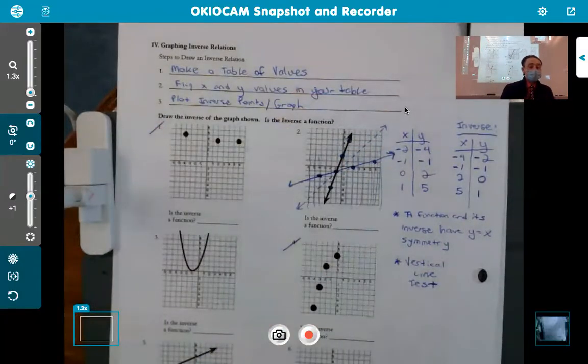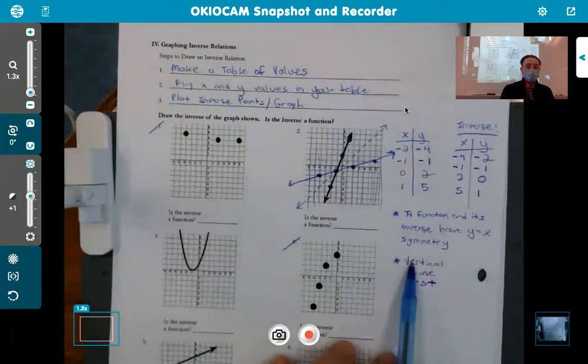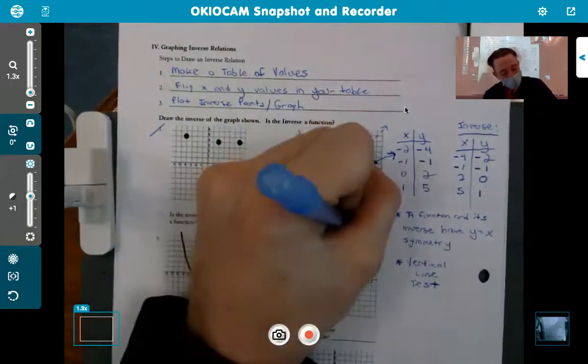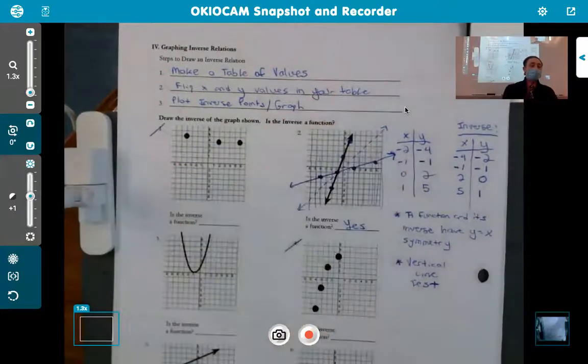When that happens, we say that it passes the vertical line test, in which case my inverse is a function. So yes, the inverse is a function. Are there any questions about that process or anything that we covered, even some of the follow-up questions?